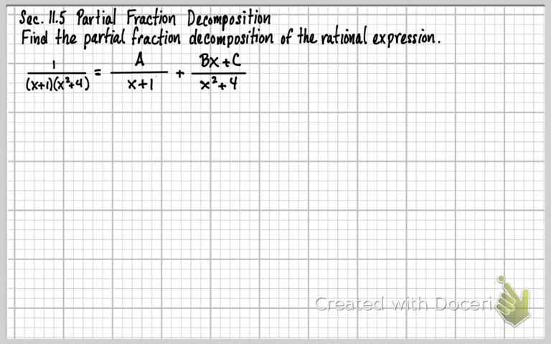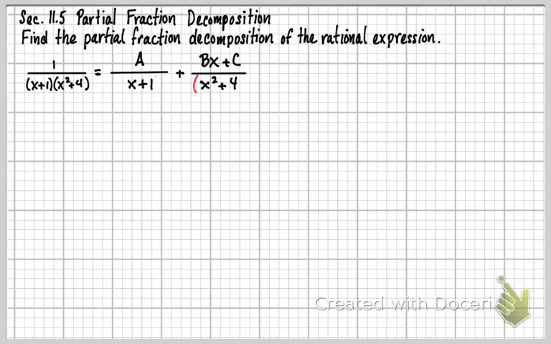Okay, so now from this process, I'm going to add these together. I'm going to take those two and add them together. I'm just going to put this aside for now and work on adding those together. Now, do you guys remember how to add rational expressions? I have to get like denominators.